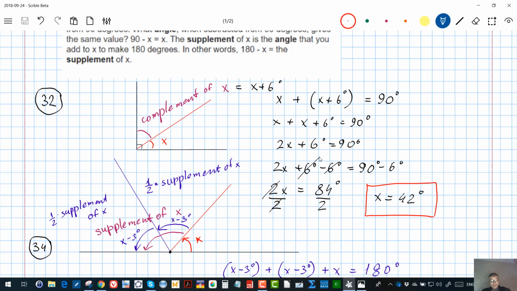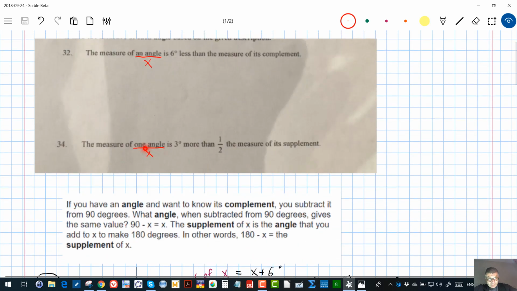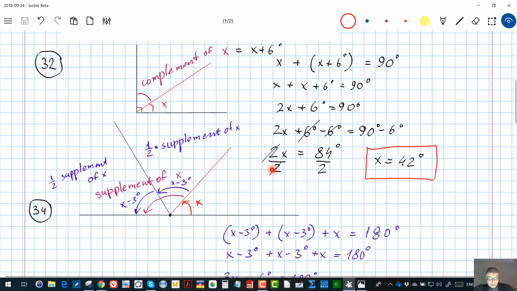That's it. The only thing you have to understand is how they are related to each other. So you understand that if one angle is 3 degrees more than 1/2 of the measure of its supplement, then this is 3 degrees less.